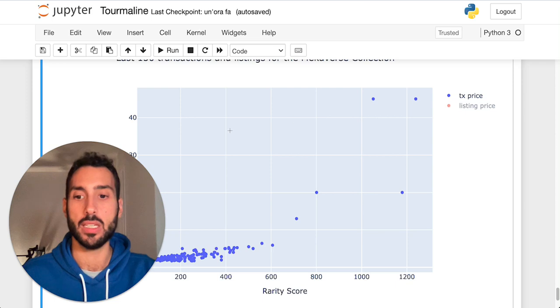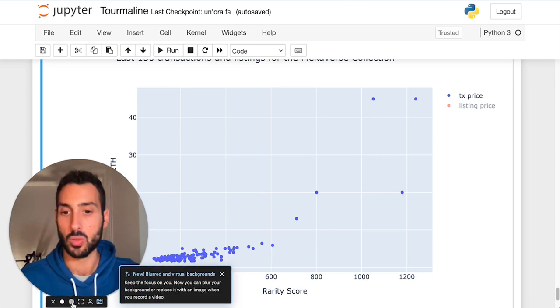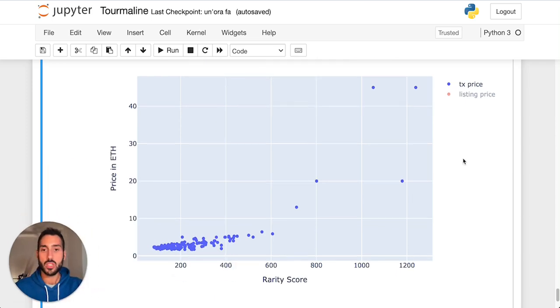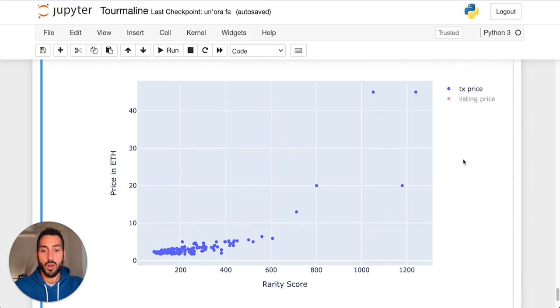So what you would like to have, I suppose, is something like this. Something that tells you, all right, we have the rarity score on an axis, the price in Ether on another axis, and what you want is to make a purchase that has the highest rarity possible for the lowest price possible, of course.